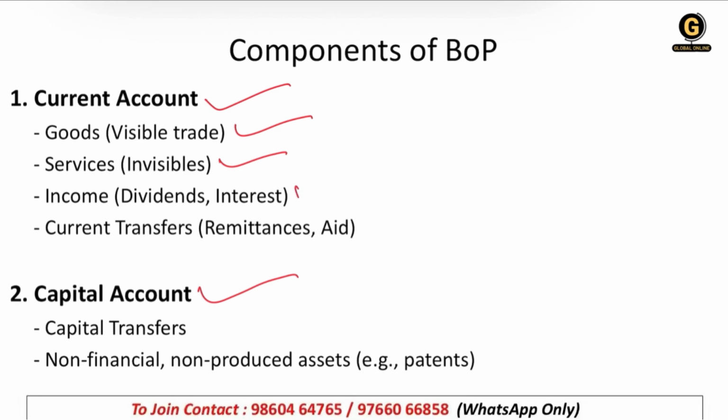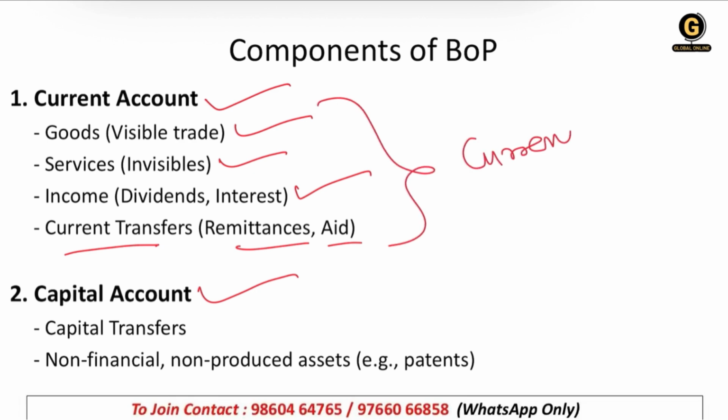Then income, in terms of dividend and interest, is also calculated. And lastly, current transfers, remittance and aid, will be calculated. Combined, all these are called the current account.